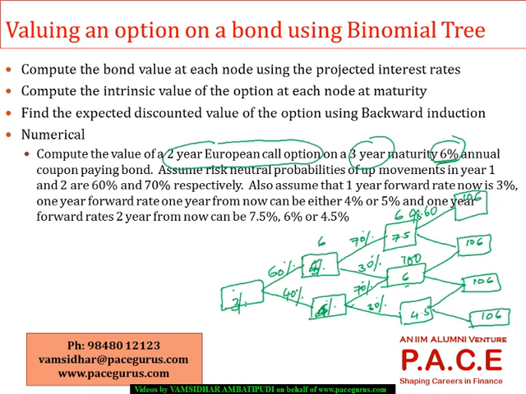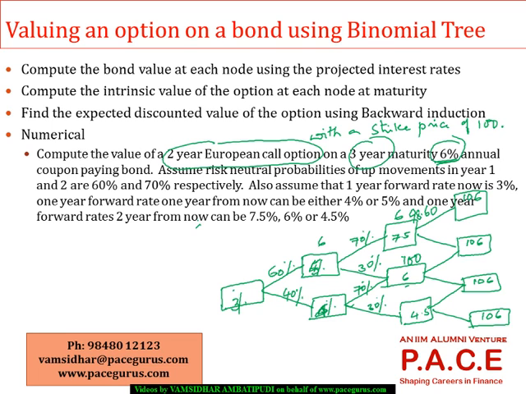Okay, we will assume here that it can be exercised for a strike price of 100. So let me modify this question. 2-year call option with a strike price of 100.